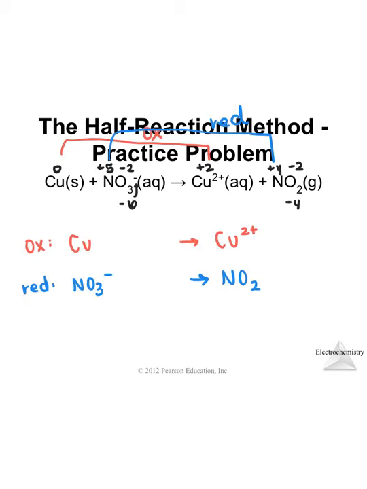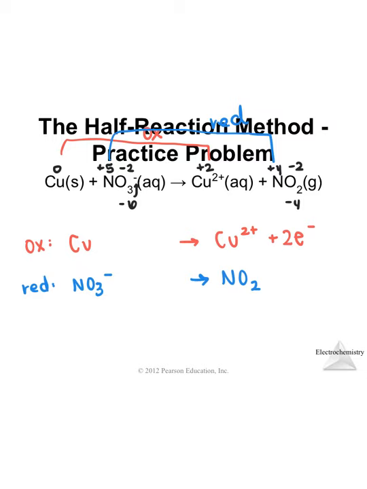Okay, so I assigned oxidation numbers, and I realized that my copper is oxidized and my nitrogen is reduced. So my copper is already balanced, which means that all I need to do is put electrons. So I've got +2 on this side, which means that I need 2 electrons to balance that out. And then I'm going to do the other side. So NO3 and NO2, so my N's are balanced, so now I'm on oxygen.